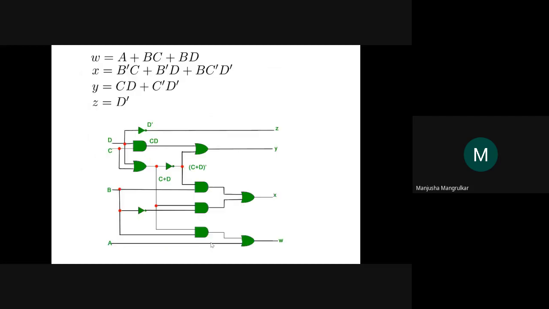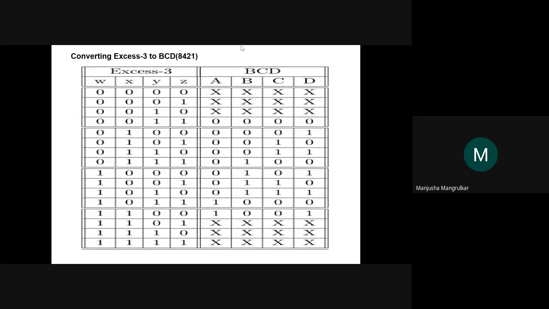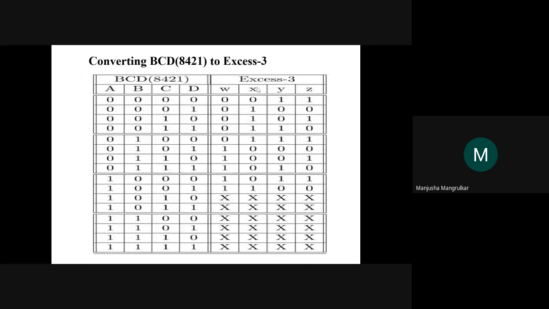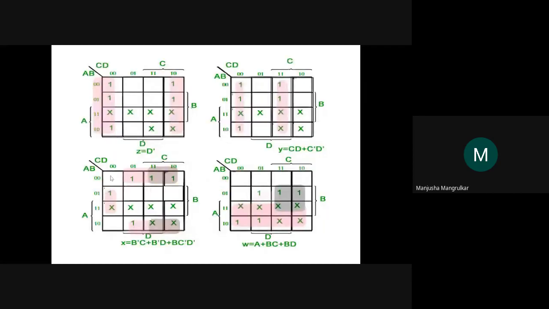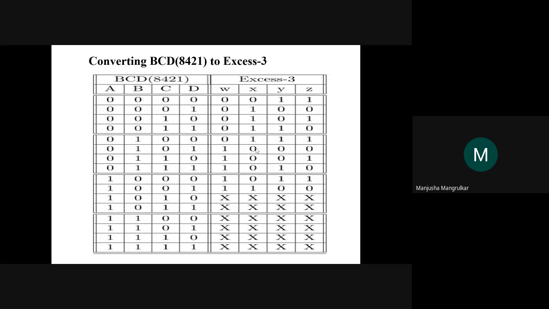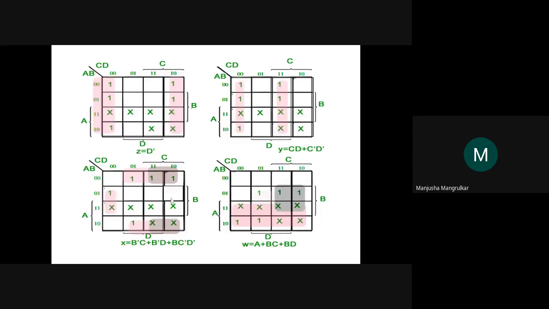Now the next is X. For X, the first four are 0, then the next four, 1, 2, 3, 4, are 1. Then 5, 6, 7 are 0.